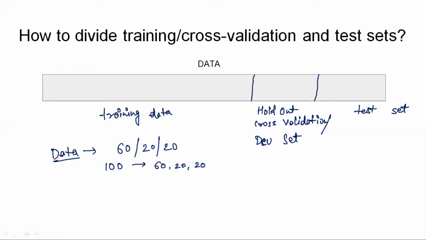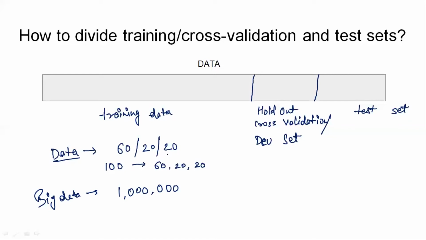But suppose you have a very big data set, say 1 million examples. Now, a question to you is, is it appropriate to split your data set in the ratio of 60 is to 20 is to 20?